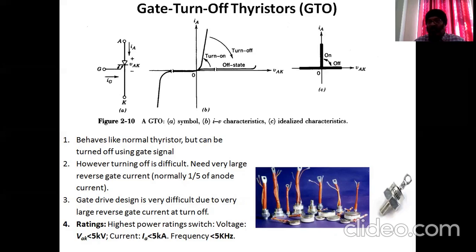So for 5000 amperes, 20% is about 1000 amperes. So 1000 amperes of current is required to turn off this device, which is huge. Large power losses are incurred in this case and it is difficult to design the circuit. So that's the difficult part, and that's why the gate drive circuit is difficult to design.